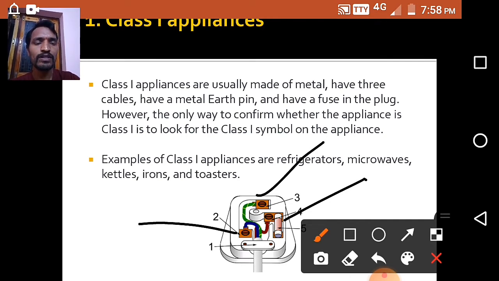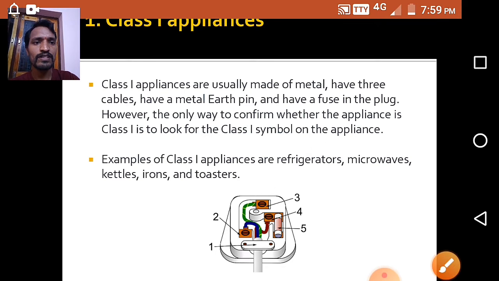We can observe the 3-pin plug and also a fuse connected in the phase terminal. What are the examples of class 1 appliances? Refrigerator, microwave ovens, kettles, iron box, and toasters. These come under class 1 appliances.